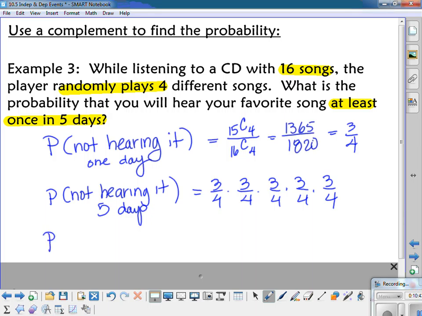So the probability of hearing it at least once in 5 days is going to be 1 minus that 3/4 to the 5th power. So 3/4 to the 5th power comes out to 0.237.